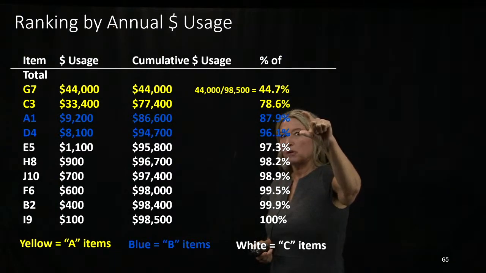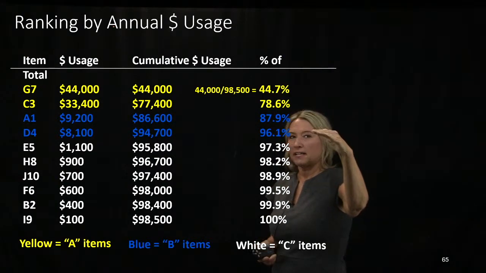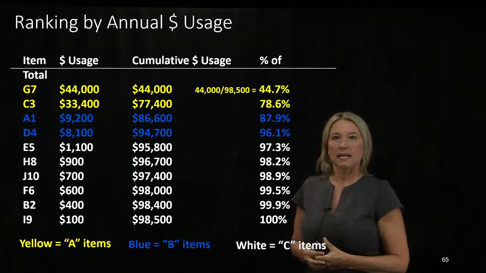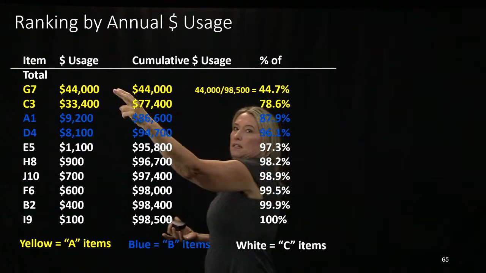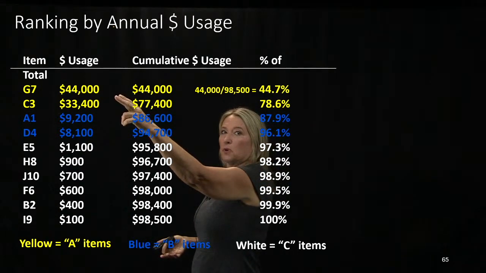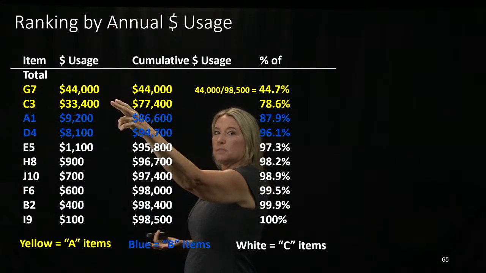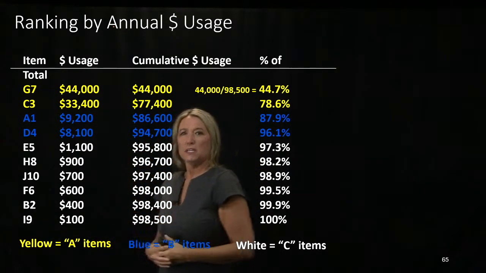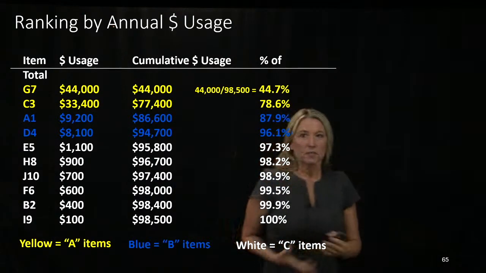Then these next two are B items, because this is pretty close to that 95% level, and then filling in everything else as a C item. As you can see, the dollar usage for the A items is pretty significant, the B is a little more medium, and these seem to be less costly usage every year.